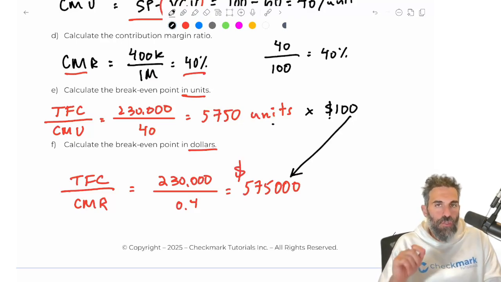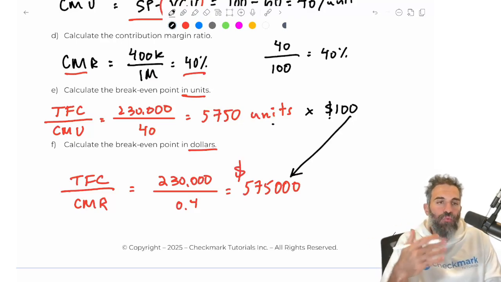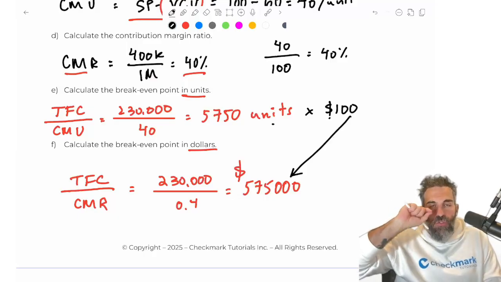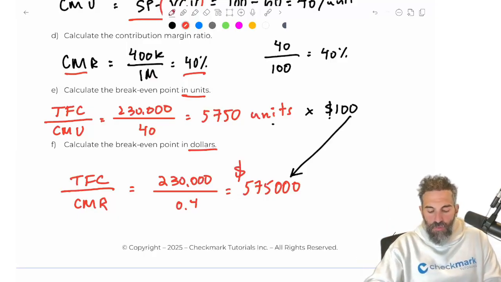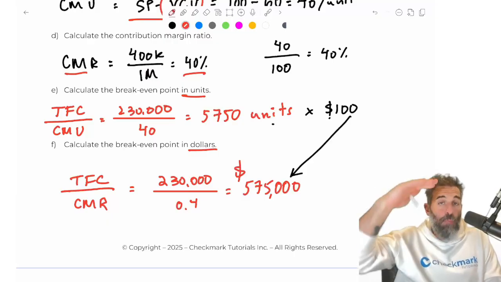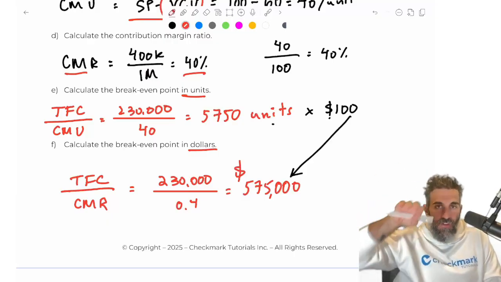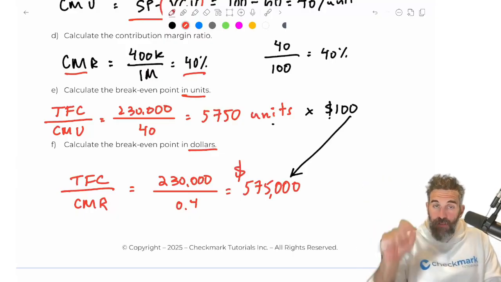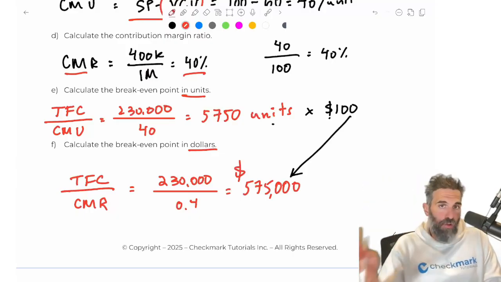They rarely ask you for both on exams, but as you're studying, it's a useful step to take just to make sure that you're doing the math right. So I need my sales, my top line, sales revenue, to be $575,000 so that at my bottom line, my profit, I get zero. No profit and no loss.